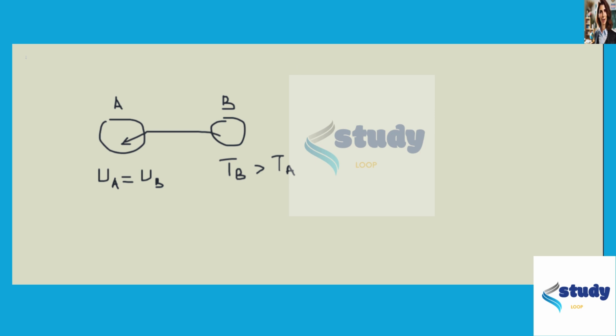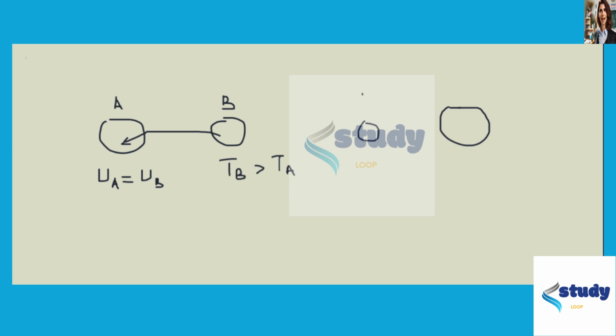Now let's come to the second point. Is it possible for heat to flow from an object that has less total internal energy to an object which has more total internal energy?